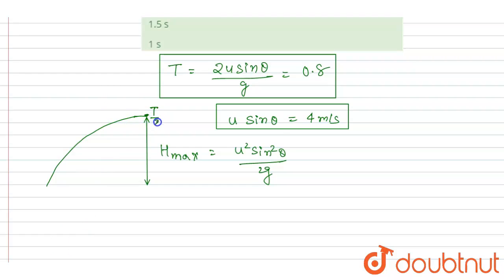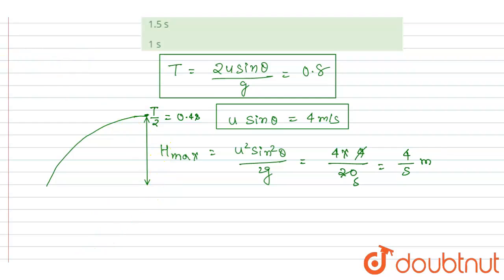The time to reach the maximum height is time of flight by 2, that is 0.4 seconds. Putting the value of u sin theta as 4, the maximum height u squared sin squared theta by 2g is 16 by 20, that is 4 by 5 meter.